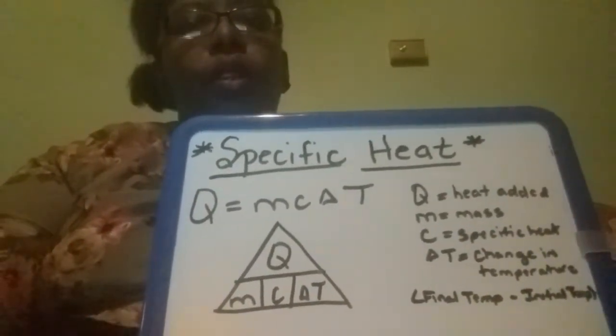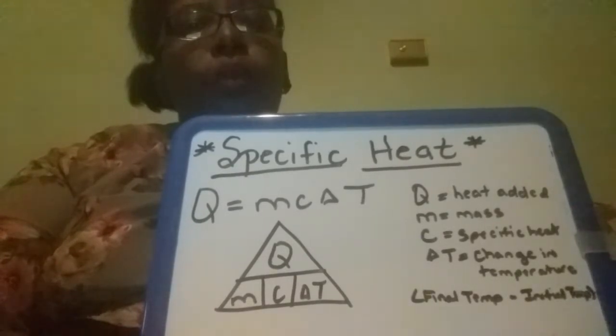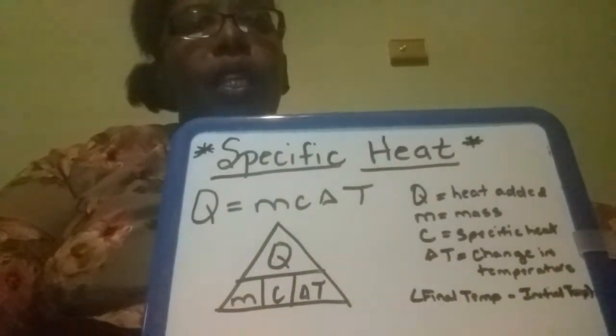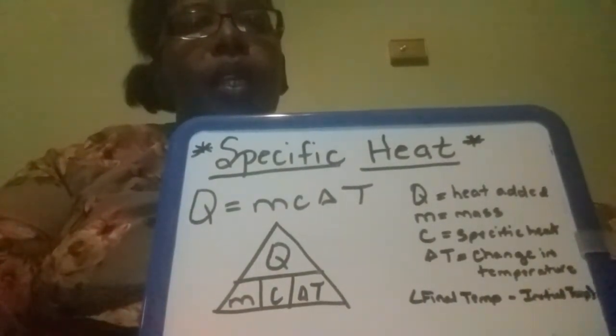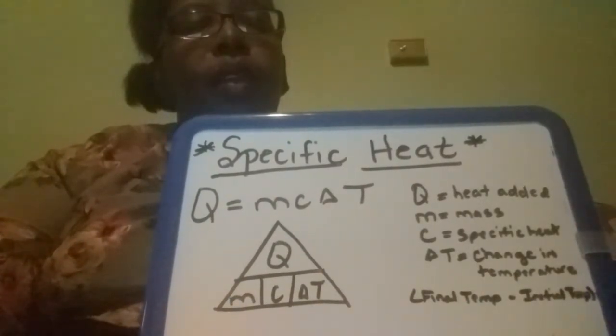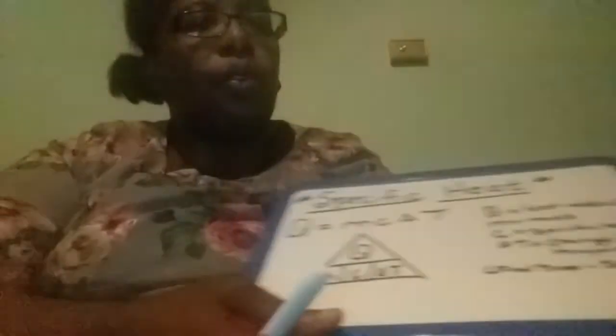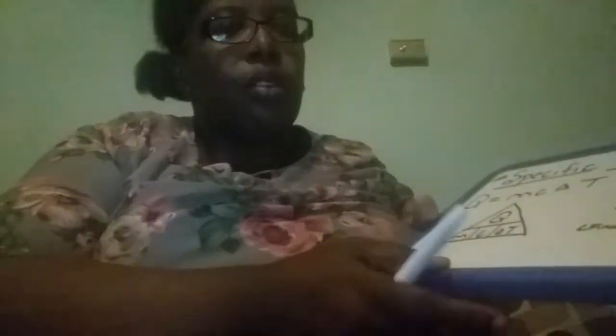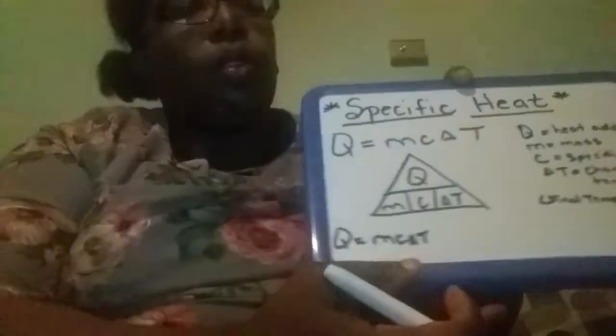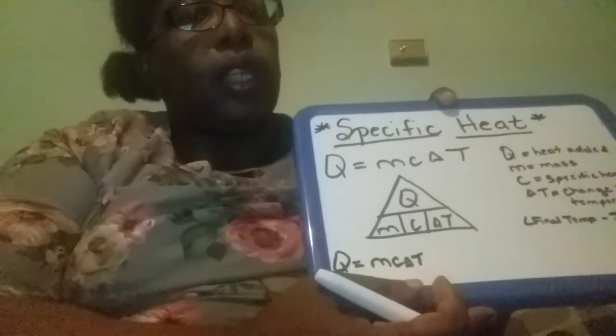Now, in order to solve these problems, again, Q is the heat energy. So if I want to find Q, according to the formula here, and I've drawn the triangle, Q equals mc delta T. So if I want to find Q, I'm going to multiply all things together.